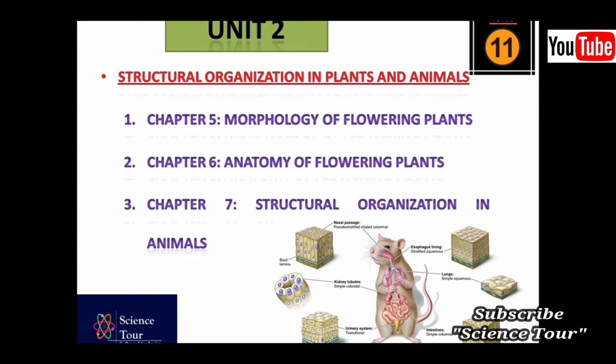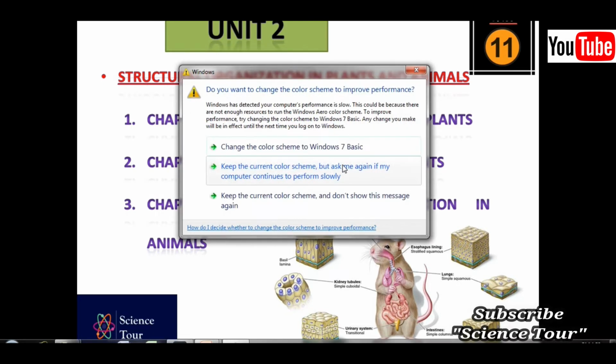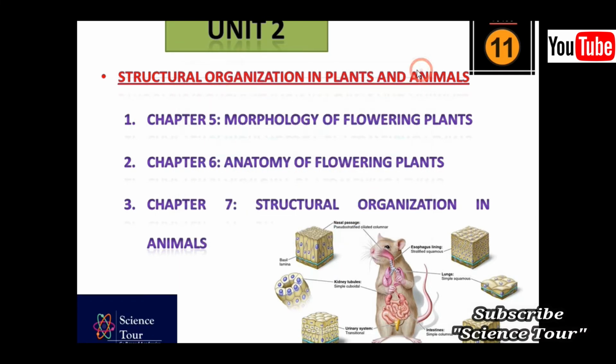Chapter number 6, anatomy of flowering plants, under which you will study anatomy, meaning the study of internal structure. So here you will study tissues and the tissue system, then the internal structure of roots, stem and leaves of both dicot and monocot plants.